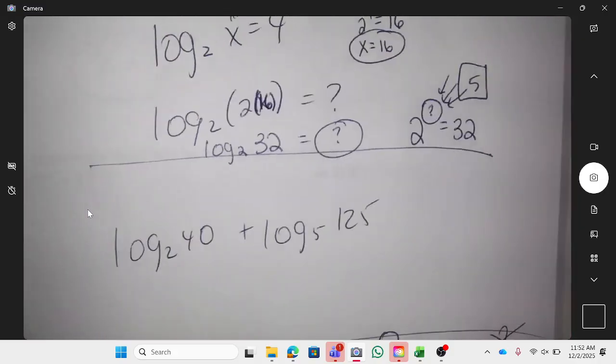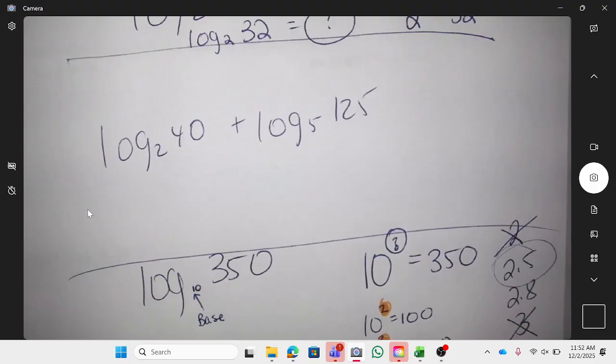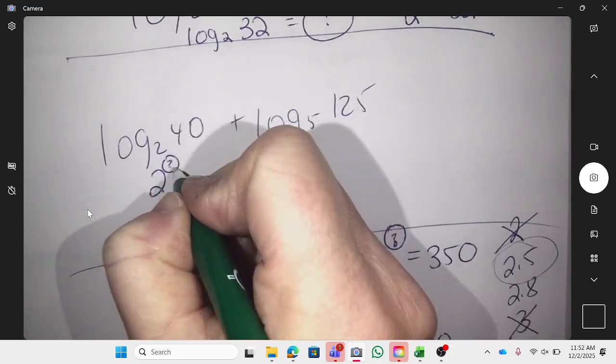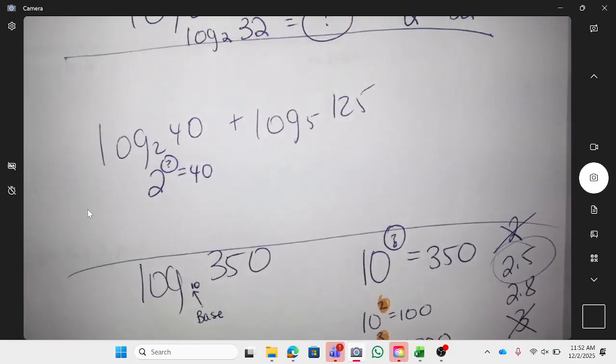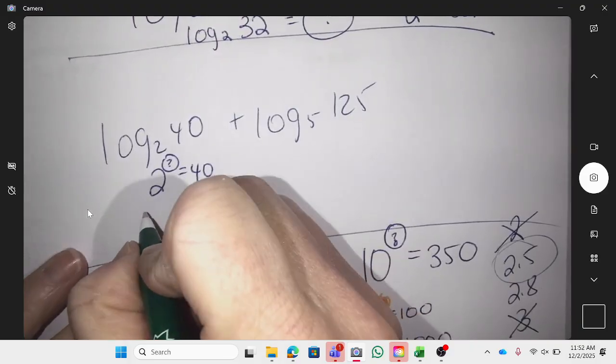Okay, and then this is the last one I'm going to do with you here. You're adding these numbers together. So 2 to the what would be 40? Can you get me an approximate value?